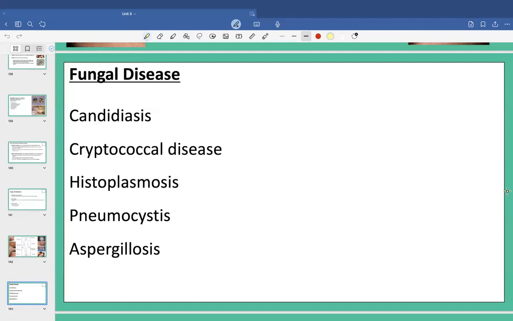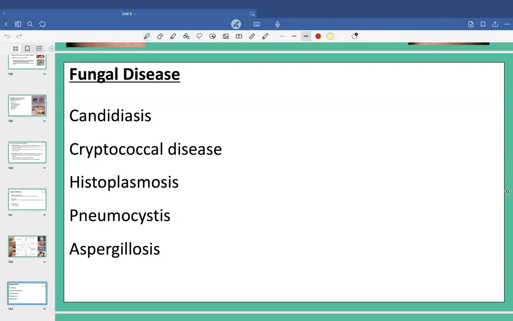Have you all talked about AIDS or HIV at all? Much? No. So if the patient has an AIDS-defining condition, then they usually, well, we'll talk about it Thursday, but basically even if you just present with this illness, it's HIV or AIDS until proven otherwise. So we'll talk about that more in detail.